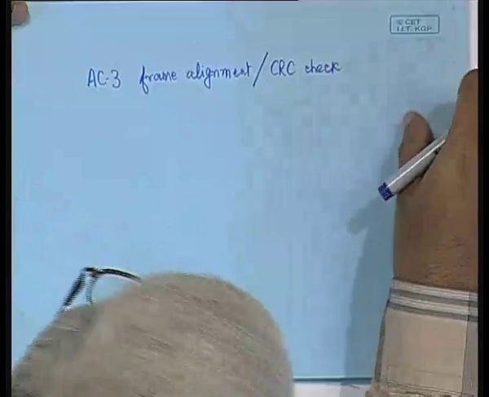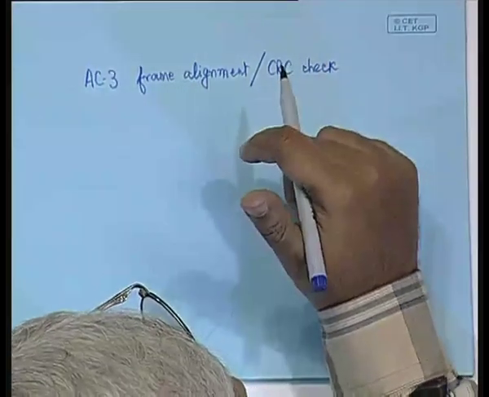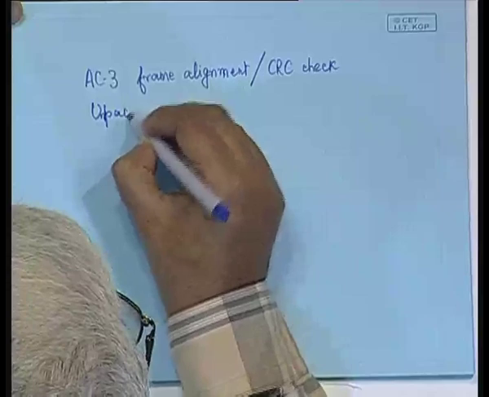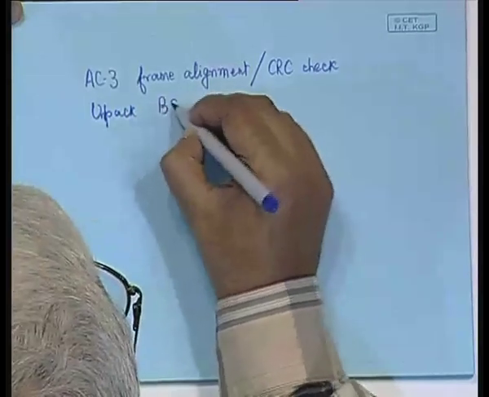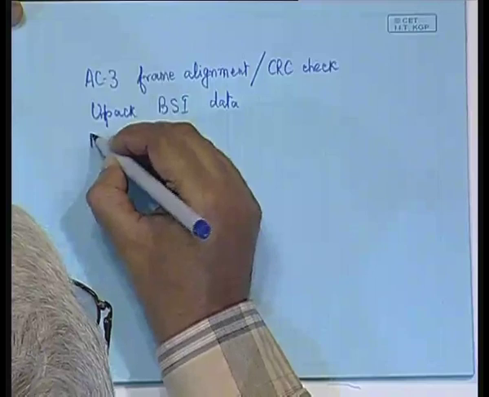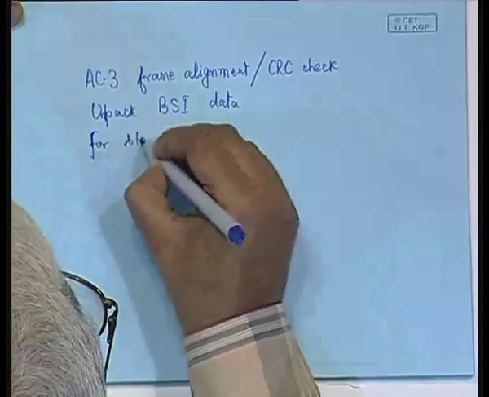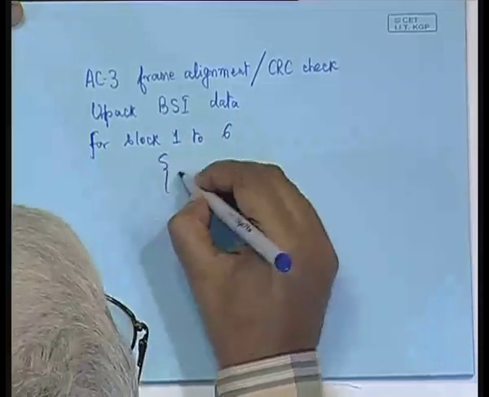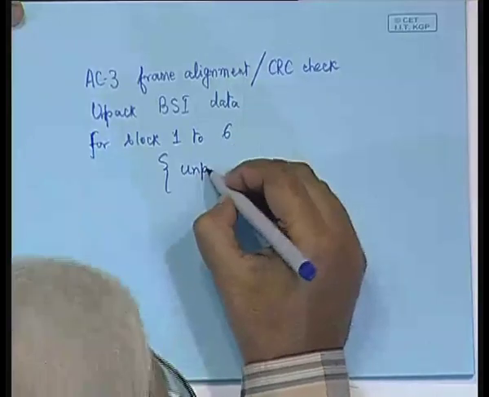This basically ensures that we have been able to identify the beginning of the audio frame, and then we unpack the BSI data, and after the BSI information is unpacked, then we have to unpack the block information. So, for block 1 to 6, we unpack the fixed data.